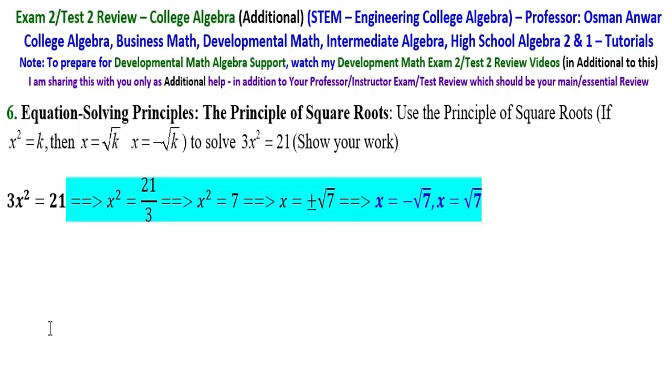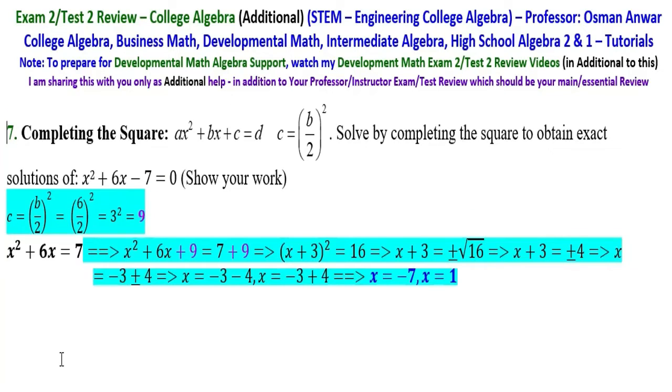To solve 3x squared equals 21, divide both sides by 3, then x squared is 21 over 3. 21 divided by 3 is 7, so x squared equals 7. Therefore, x equals plus or minus square root of 7. That means x equals minus square root of 7 or x equals square root of 7.